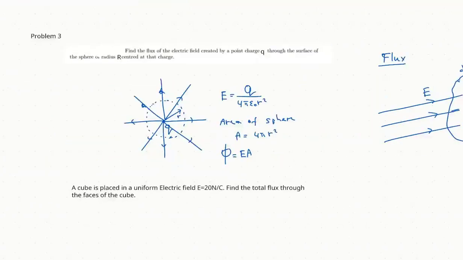It's EA, and you just multiply them. So it's Q over 4 pi epsilon naught r squared multiplied by 4 pi r squared. 4 pi r squared cancels, and you get Q over epsilon naught. And that's actually Gauss's law. Flux is Q over epsilon naught.